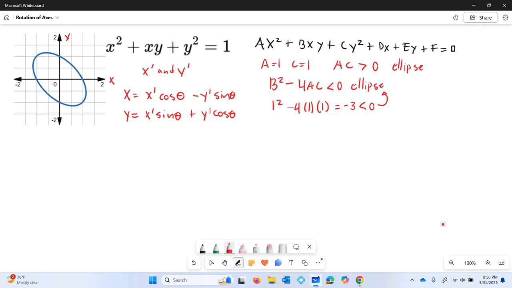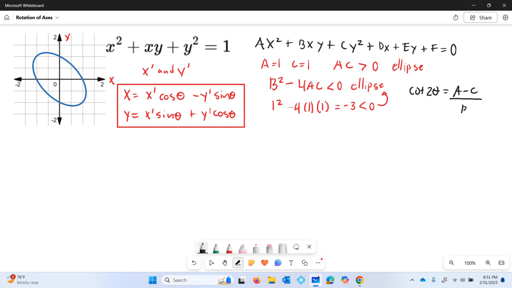So now we choose a theta value. In actuality, there is a way to determine specifically what theta would have to be. If you would like to know, the method is that cotangent of 2 theta equals a minus c divided by b.